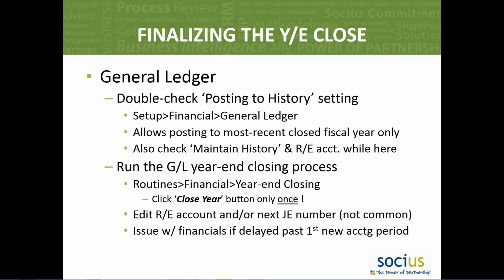One other thing that I actually don't have listed here that I think you want to do is make sure that you always go into a smart list and print out your chart of accounts. That chart of accounts also includes whether each individual account is set up as a balance sheet or a profit and loss account.